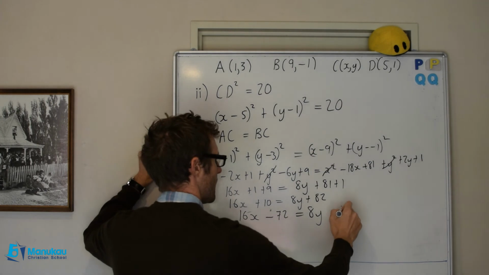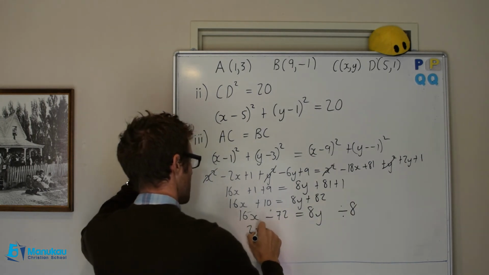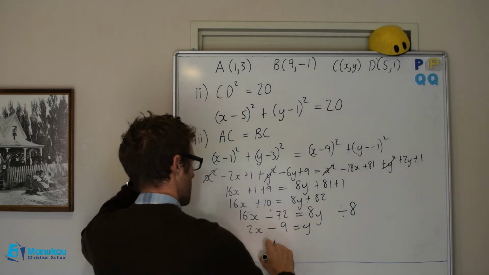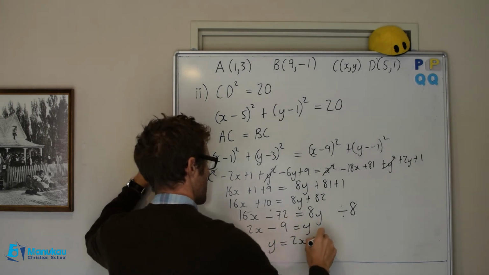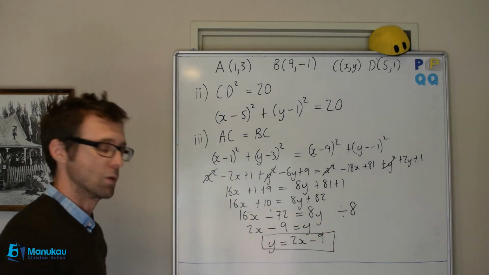Now I'm going to divide both sides by 8. So I will have 2x minus 9 equals y, or y equals 2x minus 9, which is what we were attempting to prove.